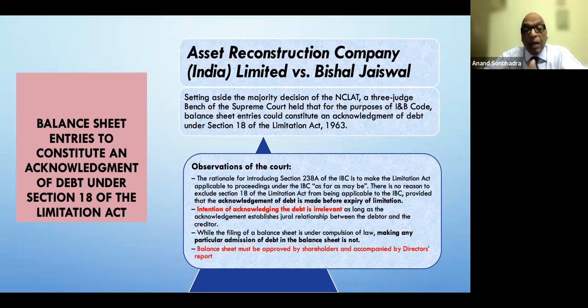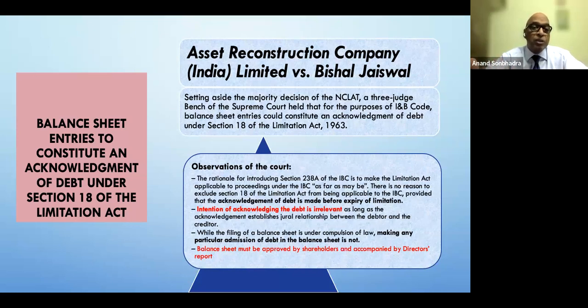Of course, the balance sheet must have been adopted. By adoption, it should have been first adopted in a board meeting and then approved in a shareholders meeting. And it should be, after due approval, accompanied by a director's report, which means duly audited and filed.